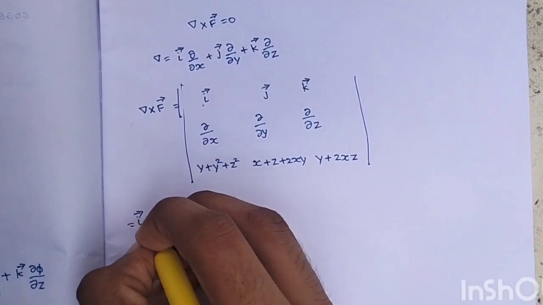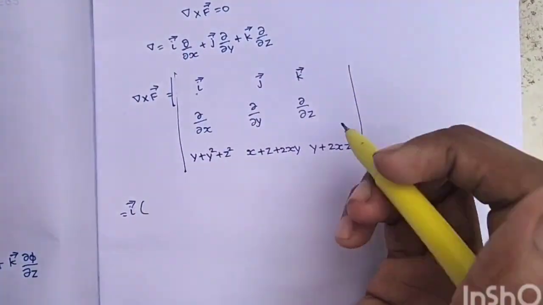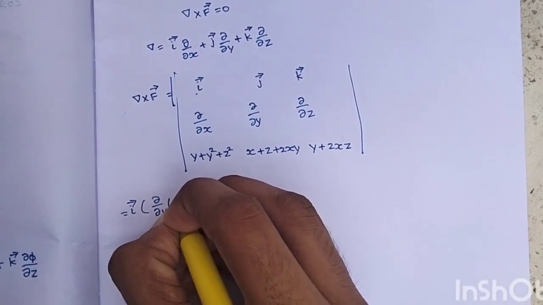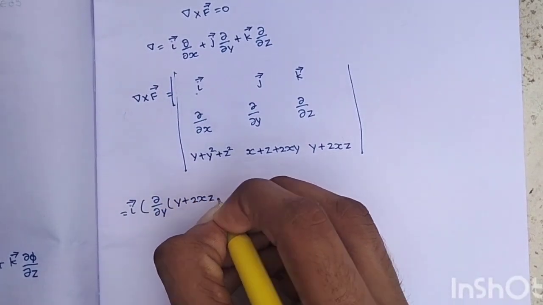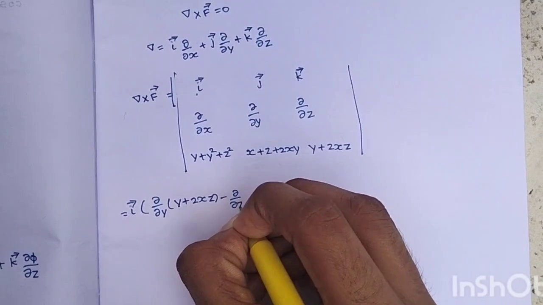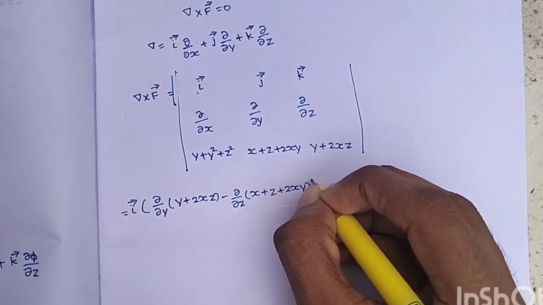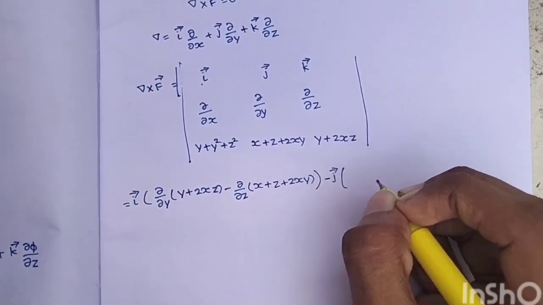Now i vector: close this i vector and write the components of j and k, dou by dou y into y plus 2xz minus dou by dou z into x plus z plus 2xy, minus j vector.